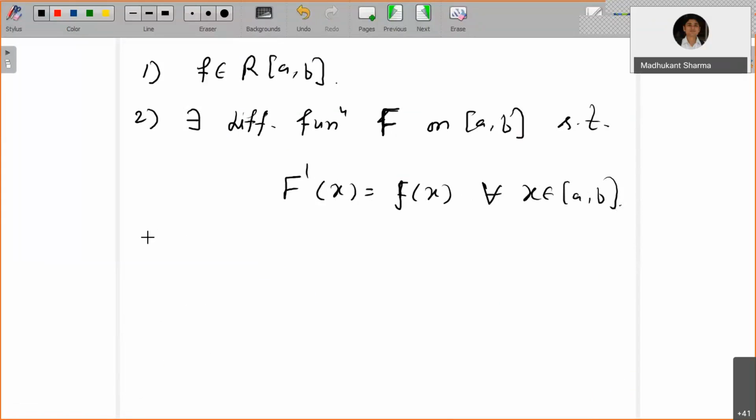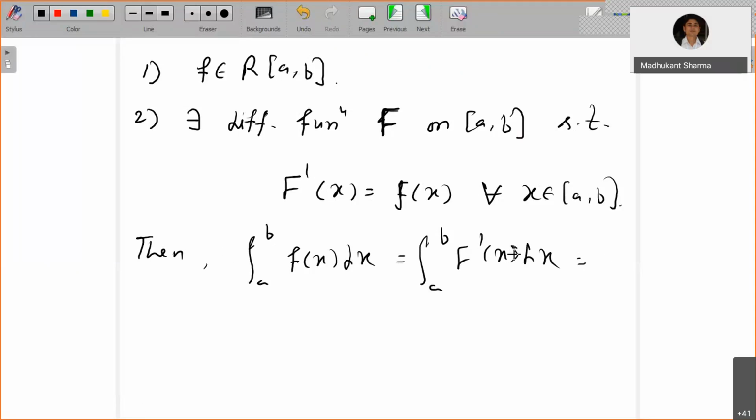Then you have the integration a to b of f of x dx, which is nothing but the integration a to b of F dash of x dx, and that is nothing but F of x. Integration of this is F of x, and upper limit minus lower limit gives you F of b minus F of a.